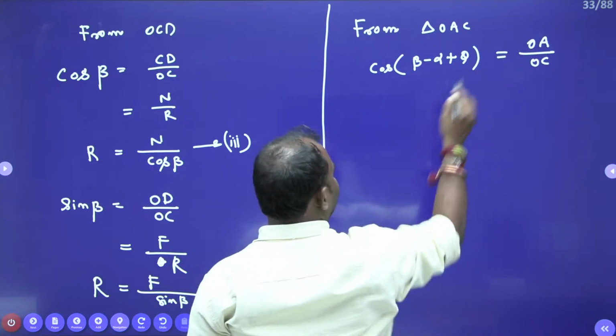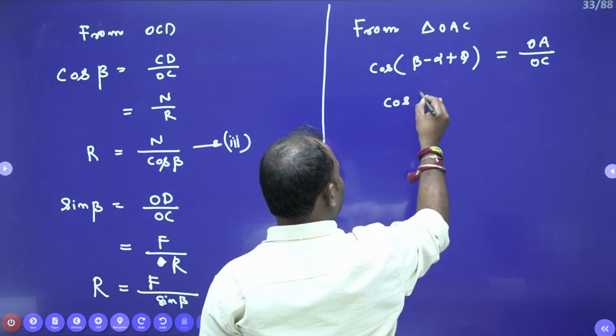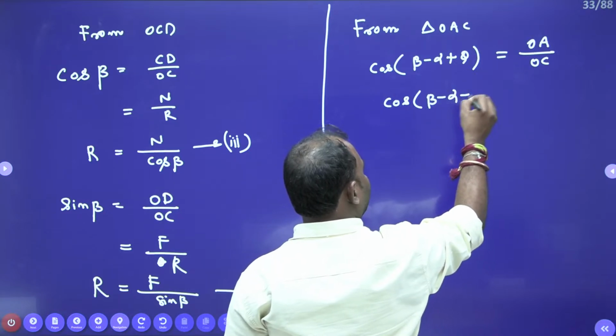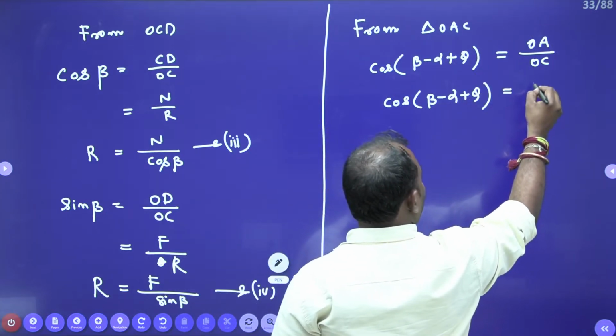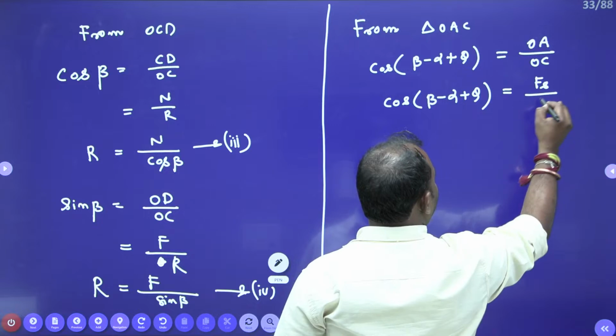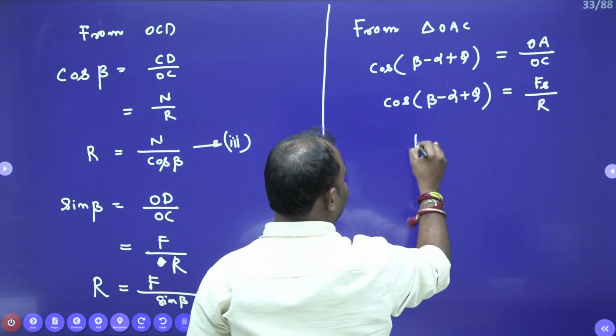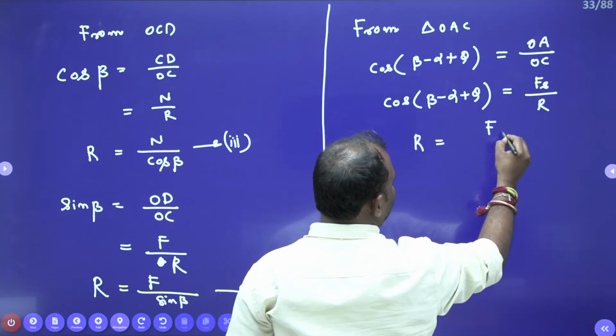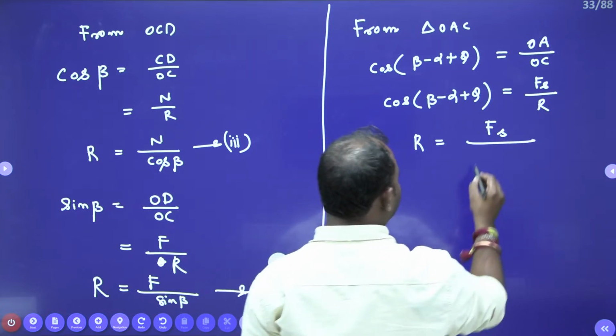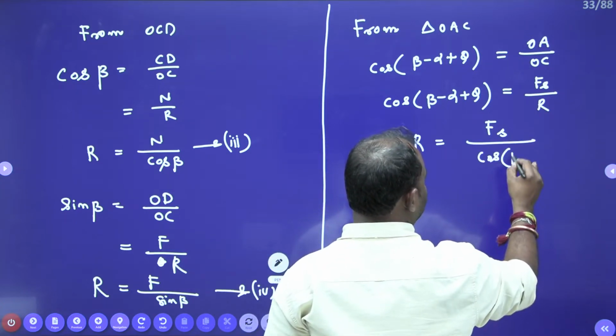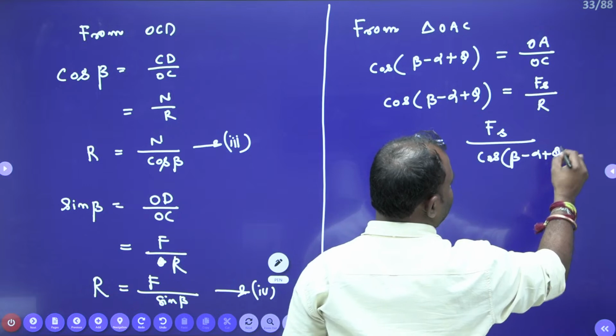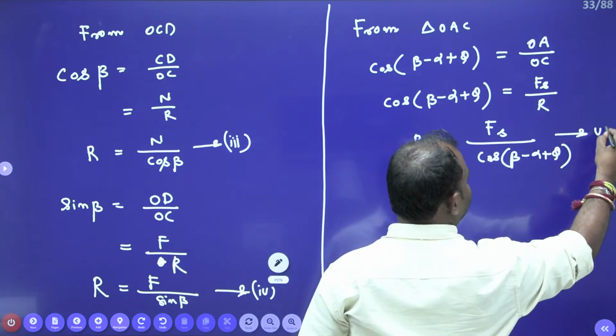Now here OA is Fs. Okay. Now cos of beta minus alpha plus phi is equal to Fs divided by R. From there I can write my R is equal to Fs divided by cos of beta minus alpha plus phi. Yes guys, say that it is equation number 5.